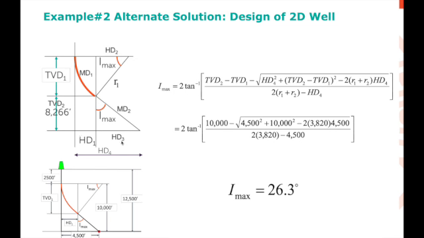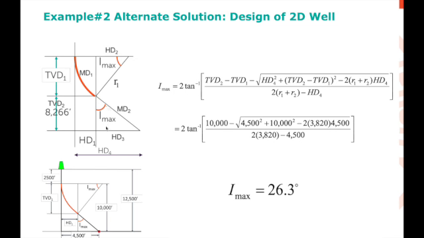While horizontal departure 4 is the total horizontal departure, it is given. Horizontal departure 3 is the difference between your horizontal departure 4 and horizontal departure 1. The total horizontal departure minus the horizontal departure of your end of build section.